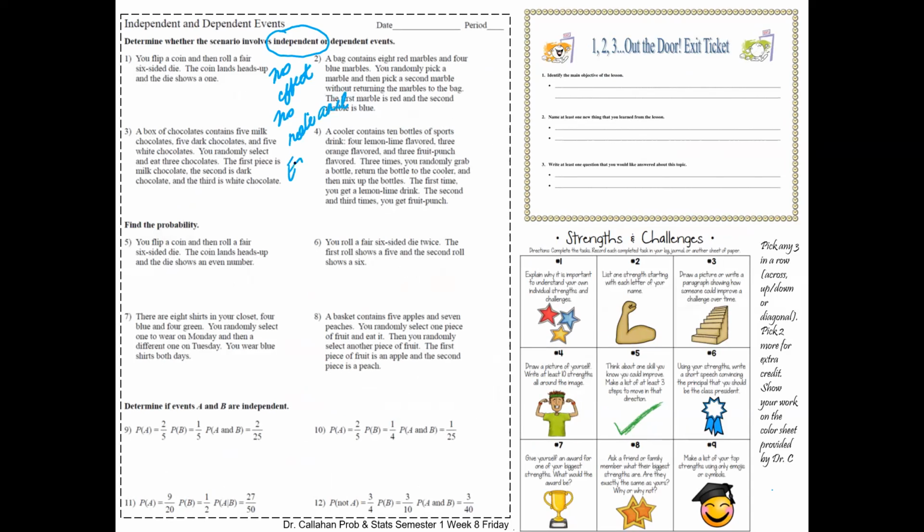And a good example of that is like rolling 2 dice, okay? Whatever I roll on the first die, the second die does not rely on the roll from the first die. So that's independent. Dependent means there is an effect, okay? So whatever you get for the second probability, it is dependent on what happens with the first probability.